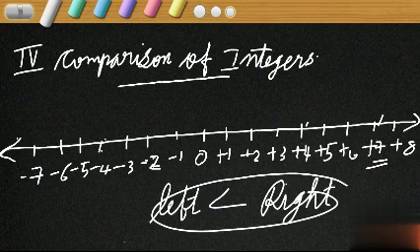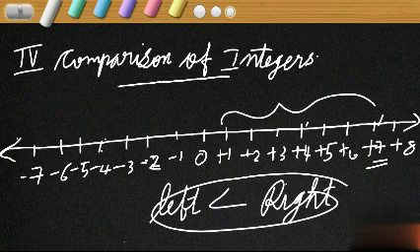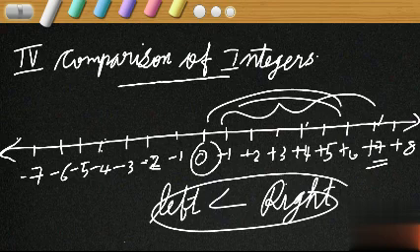Let me see whether you can see this on the number line or not. All positive integers are on the right side of 0. Isn't it? From this, what can we say?